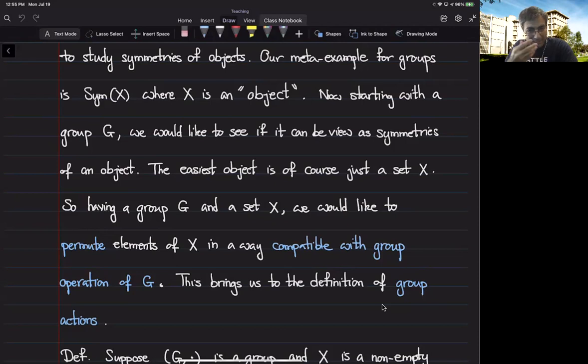Here I am going to take another route, which is more classical, and define the group action.